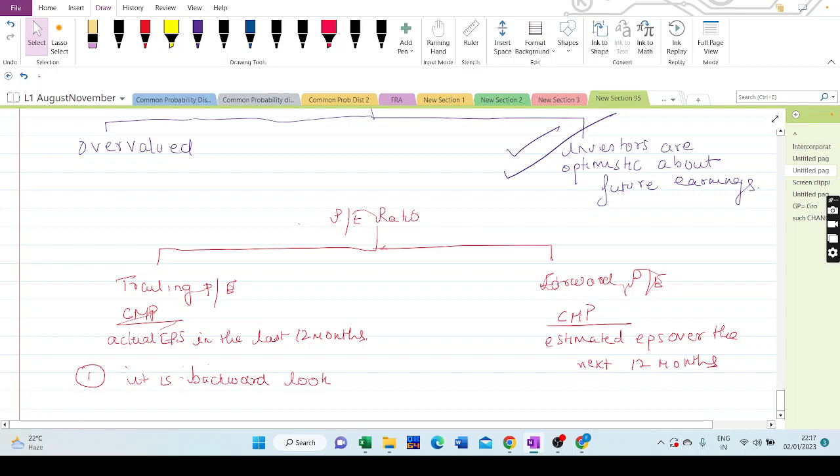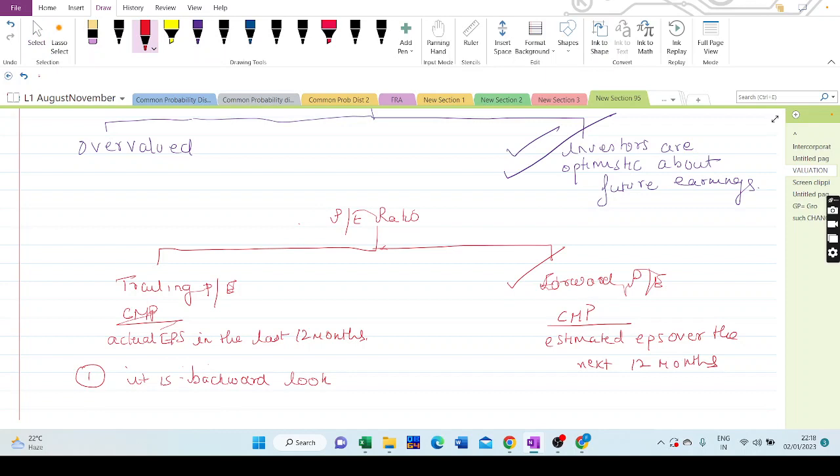So guys, although the forward PE ratio is accounting for the expected EPS, since it's using the forecasted EPS, it is forward looking in nature and may be a better indicator of the company's future earning potential. It has some problems, though.